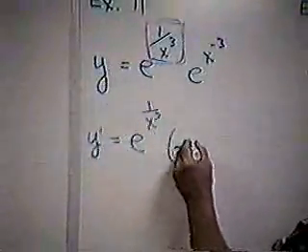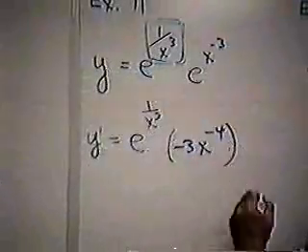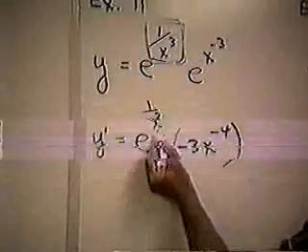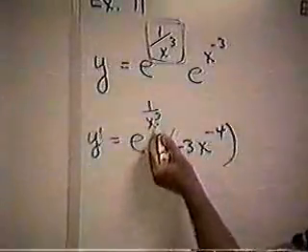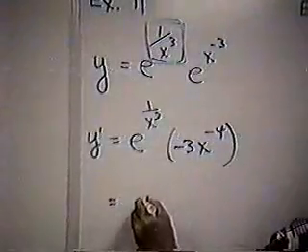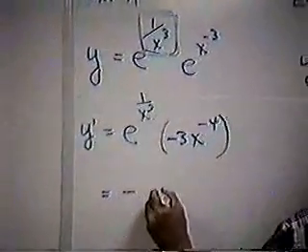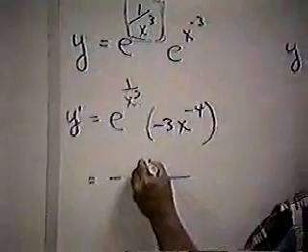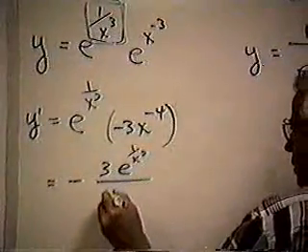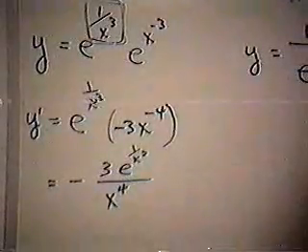That's a minus 3x to the minus 4. So the derivative of e to this is itself, and then the derivative of the power. So final answer on something like this would be what? Minus 3e to this power all over x to the 4th.